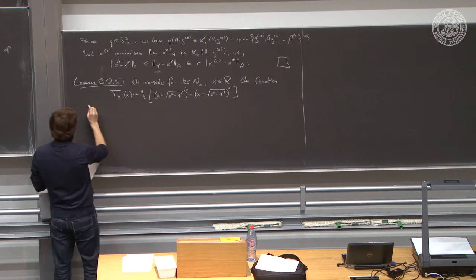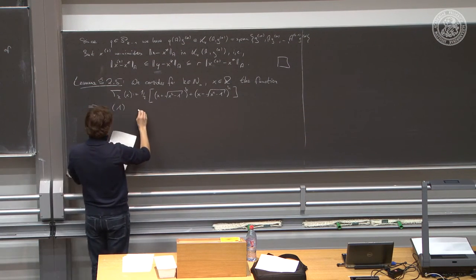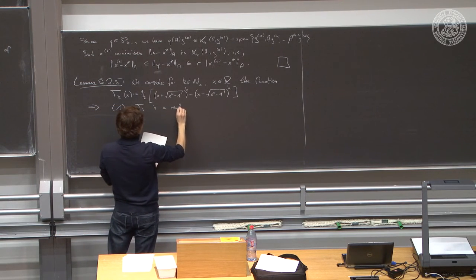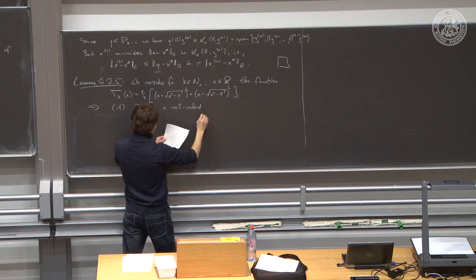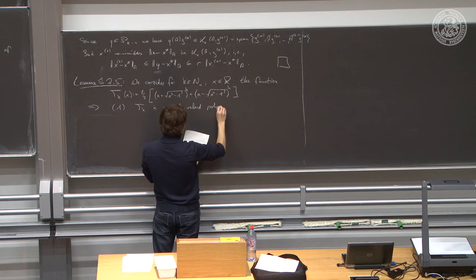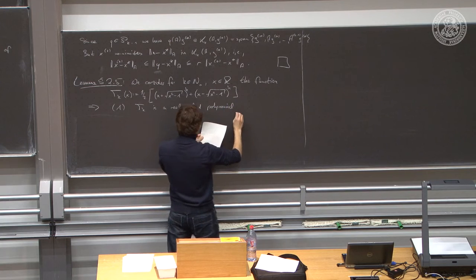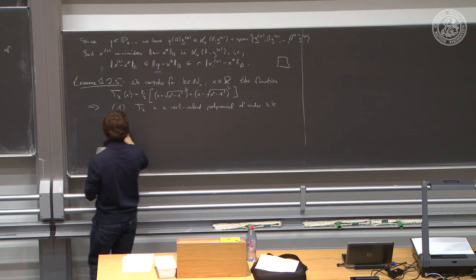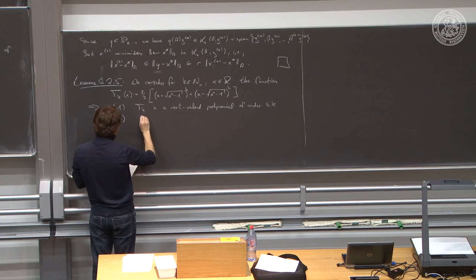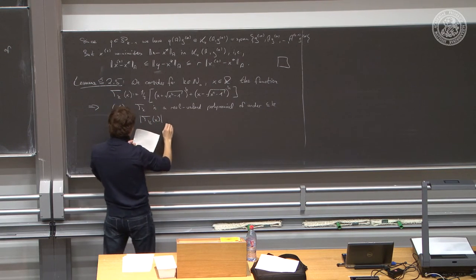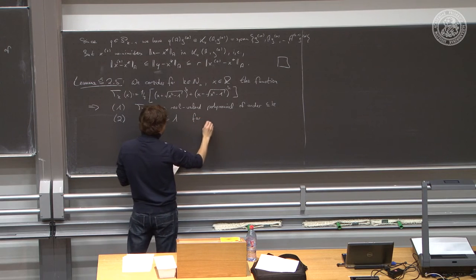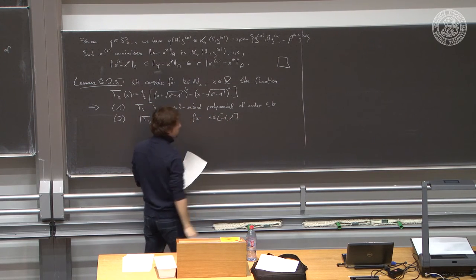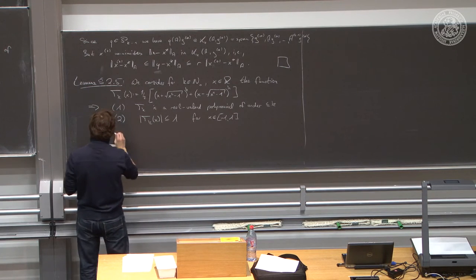So then the assertions are that, first, T_k is indeed a real-valued polynomial of order less than or equal to k. Second, the absolute value of this function can be estimated by 1 in the case that the absolute value of x is not larger than 1.